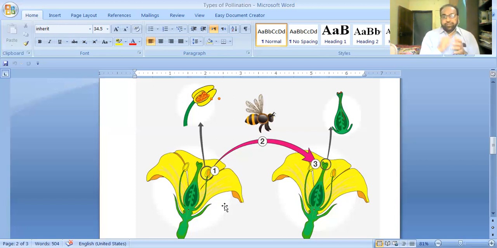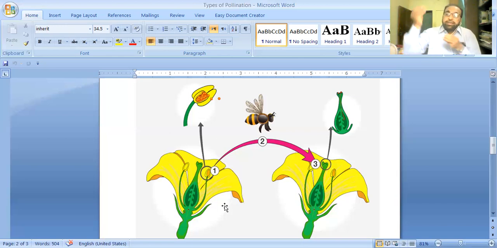This is the second strategy. First was unisexuality, second was dichogamy. Then the third strategy is heterostyly. In this condition, the lengths of the reproductive organs are not suitable. They have different lengths of styles.